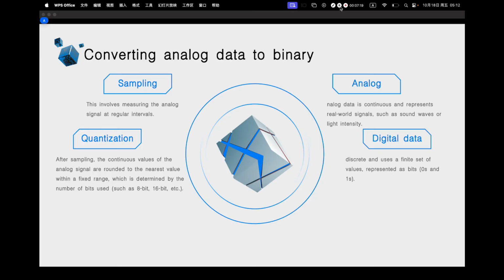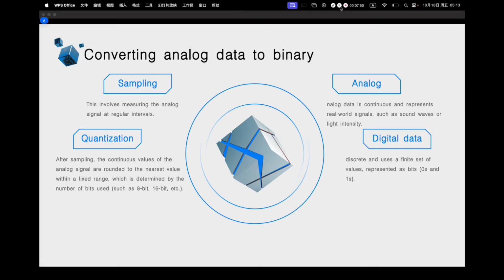And in a brief summary, a simple definition for this topic would be analog to binary conversion. This involves measuring an analog signal and representing those measurements as binary numbers, so it's zeros and ones. And this process is commonly done using an analog to digital converter, which is ADC.